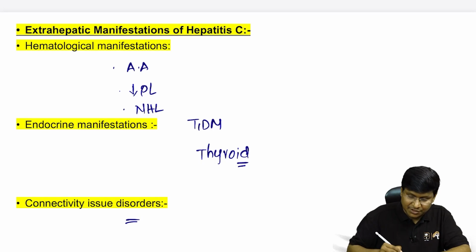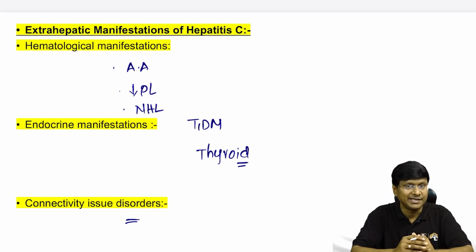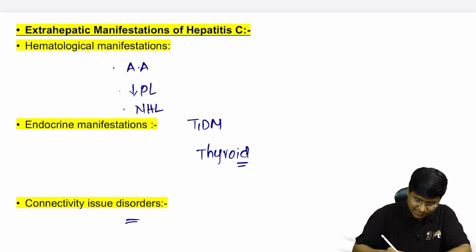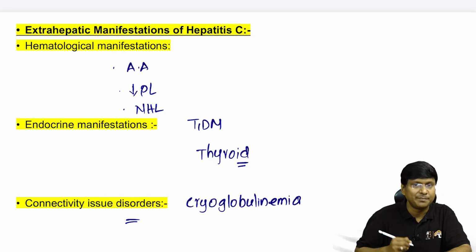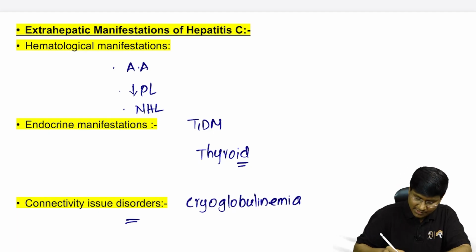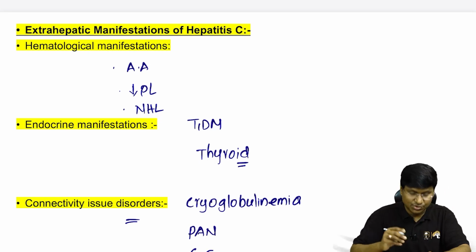And what are the connective tissue disorders that we come across in hepatitis C? Cryoglobulinemia, where you have cold precipitable immunoglobulins, then polyarteritis nodosa, and Sjogren's syndrome.